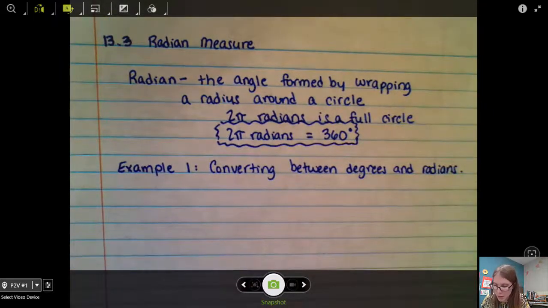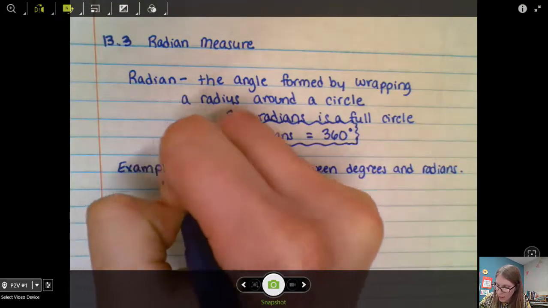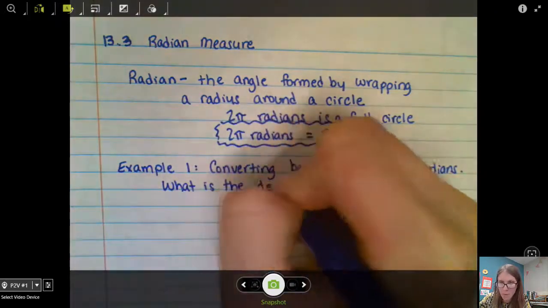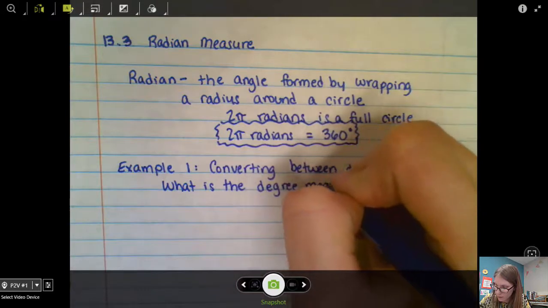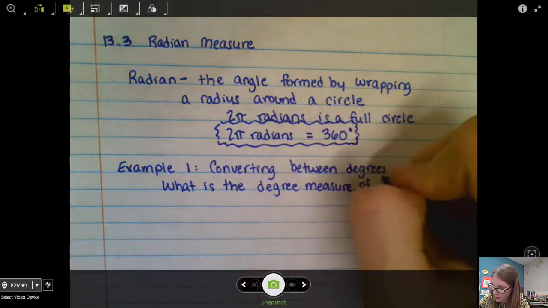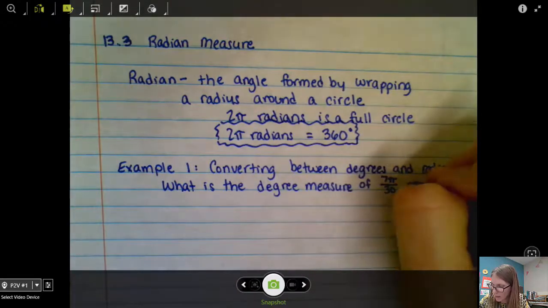I'm going to do 2 pieces here. First of all, what is the degree measure of 7 pi over 30 radians?